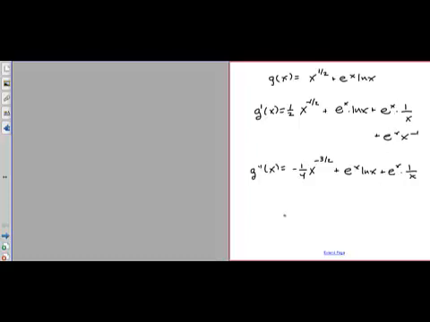So you get the derivative of the first term times the second, plus the first term times the derivative of the second, which is going to be -1 times x to the minus 2 power. So the derivative of x to the minus 1 is -1 x to the minus 2 power.